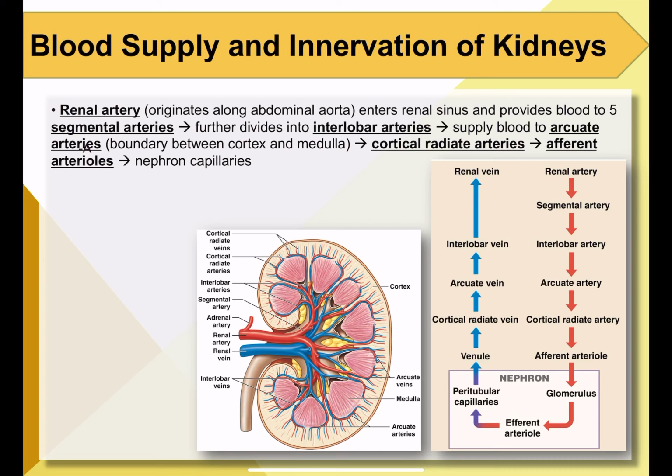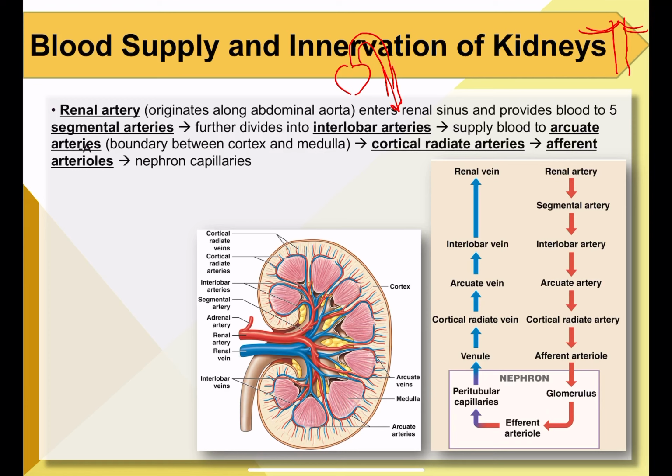So remember, blood will go from the abdominal aorta because you have your heart. Okay, and then it comes out of the aorta, and the aorta goes straight down into the body, down to the bottom part, which is your abdominal aorta. And from the abdominal aorta, remember when we labeled these in lab exercise, there was that abdominal aorta, and then it branches out into your renal artery and renal vein.